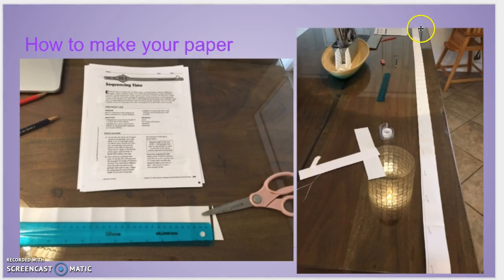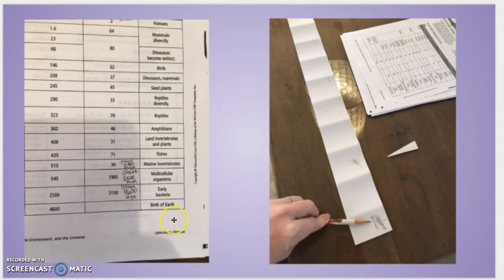To make your long strip of paper, you can see I had scissors here and I neatly cut it. I took a regular 8.5 by 11 sheet of paper, cut it into strips, and taped them together until I had a 2.5 meter long piece. It was a long piece of paper.